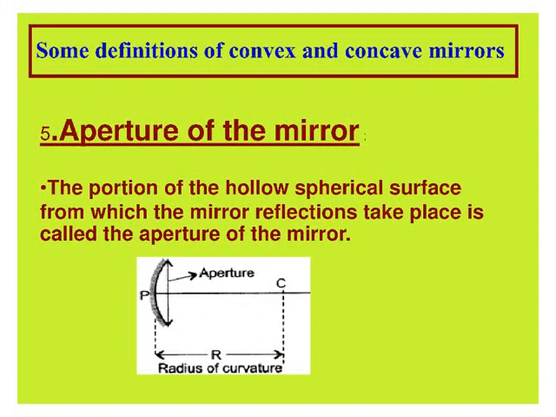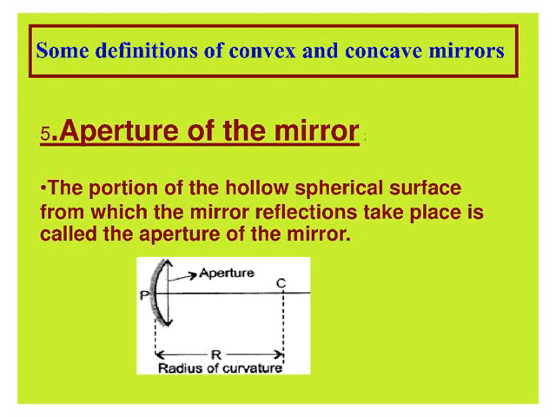Next is the aperture of the mirror. Look at the diagram first. A spherical mirror is being taken. Since its reflecting surface is inside, it is a concave mirror, and P, as you all know, is the pole of the mirror. C is the center of curvature of the mirror, and the distance between the pole and the center of curvature is the radius of curvature.